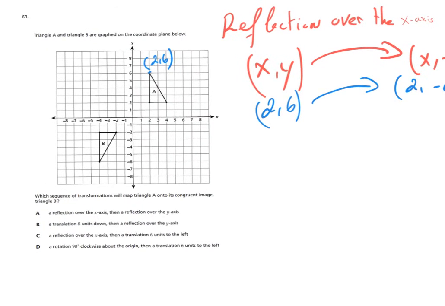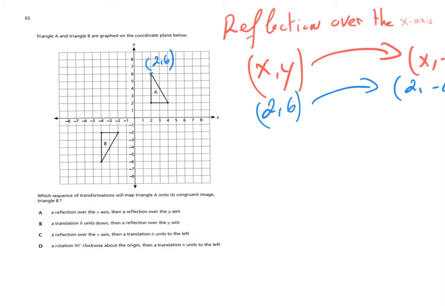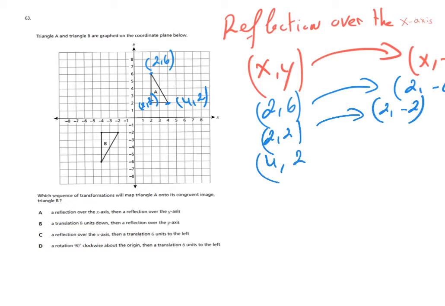And this point here, (2, 2), will be (2, -2). And let's suppose I have this point here, which is (4, 2). That will be (4, -2), right?